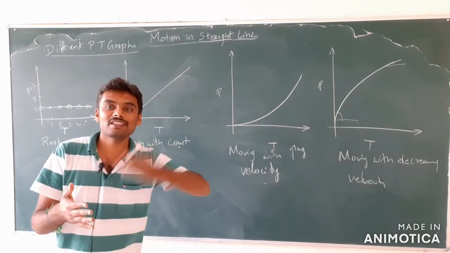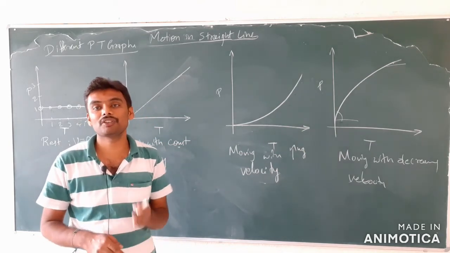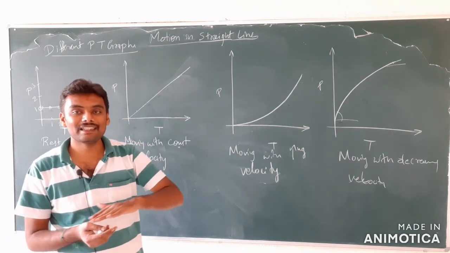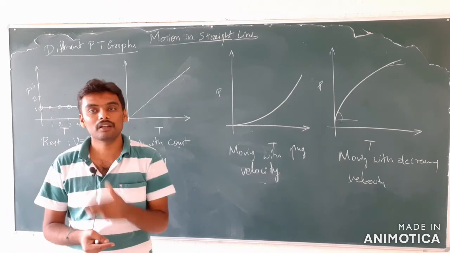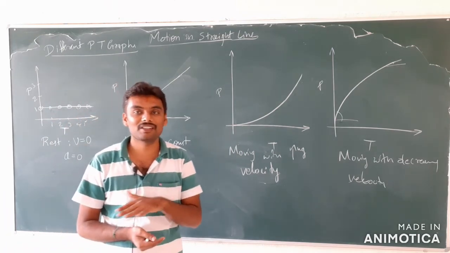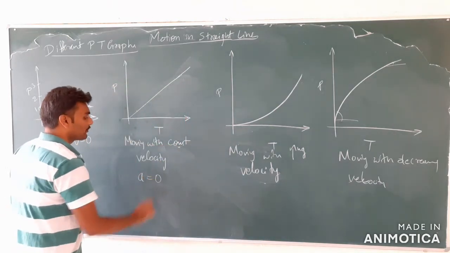Since there is no change happening in the velocity, acceleration is again 0 because acceleration can be only seen when the body is either increasing its velocity or decreasing its velocity. Here the velocity is same. When the velocity is same or constant, acceleration is 0.